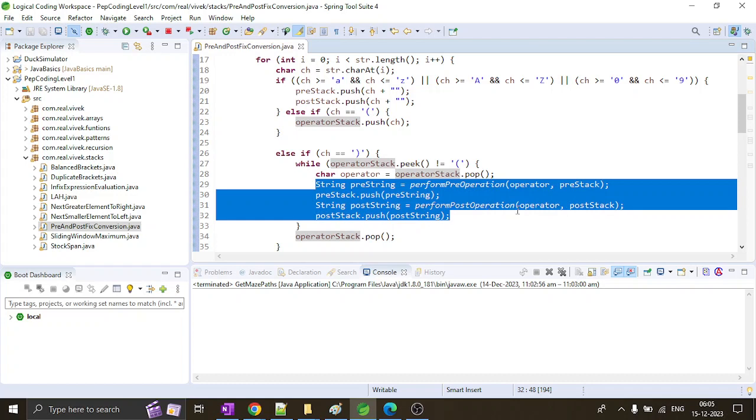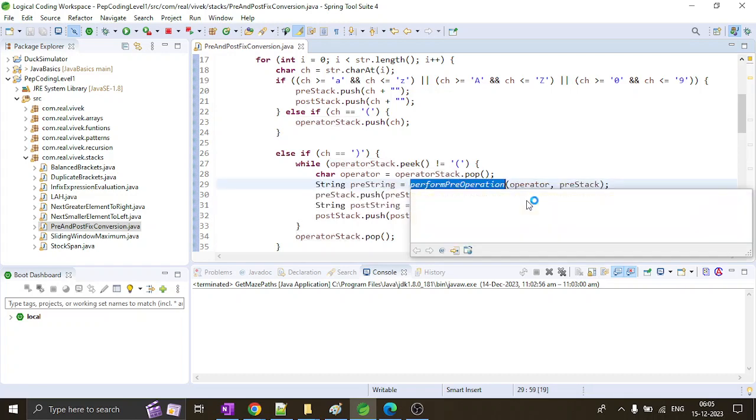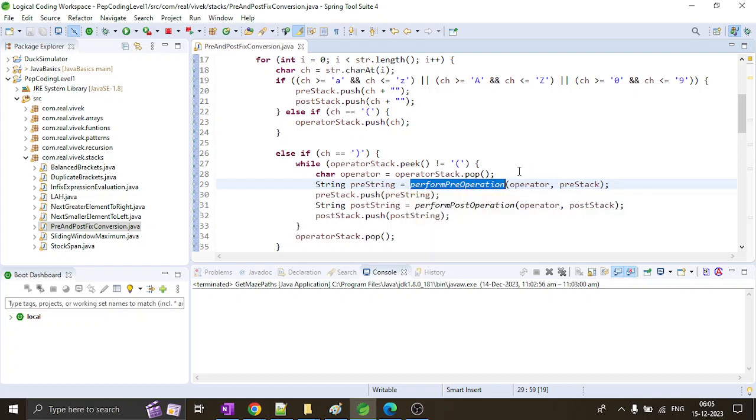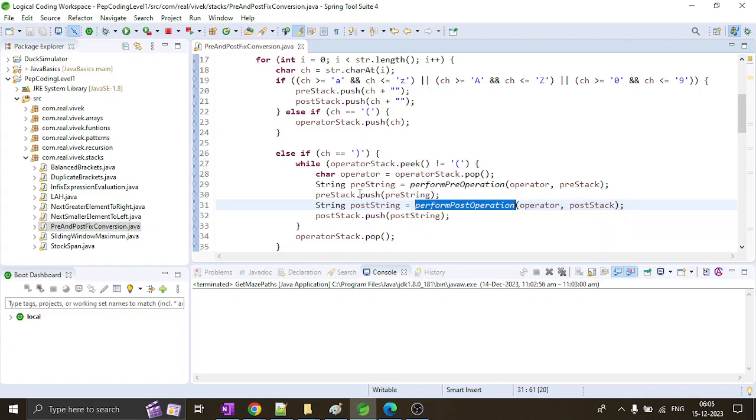For the infix evaluation, we used to perform v1 operation v2. But for the conversion part, we had separate logics. For the pre-operation, we prepared a string which was operator v1 v2, and for the post operation we had v1 v2 and then the operator, and then we pushed those into those particular stacks as well.